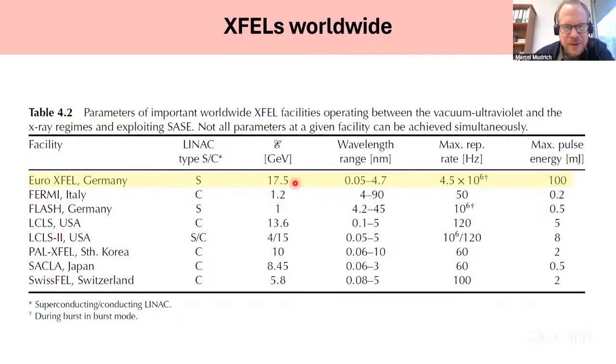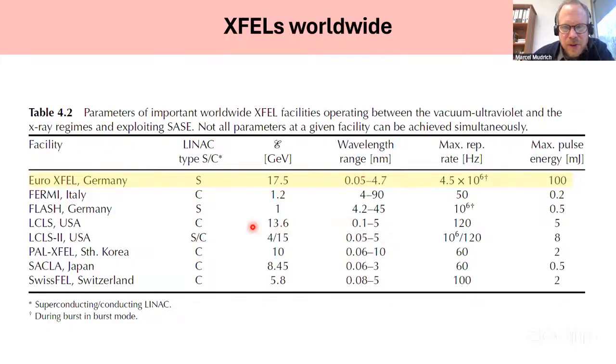And also, this is really an FEL going into the hard X-ray. The electron energy is 17.5 GeV. Wavelength, it's only shown in wavelengths, but this goes up to 30 keV, so extremely short sub-nanometer wavelength, some sub-angstrom wavelength.